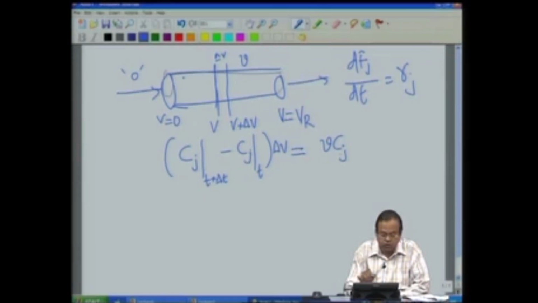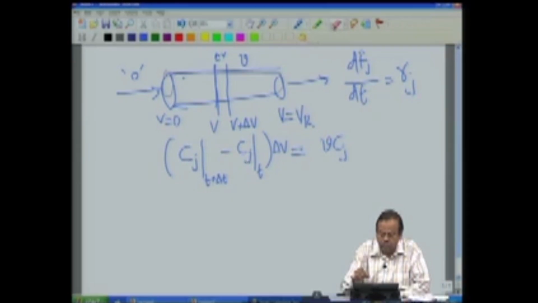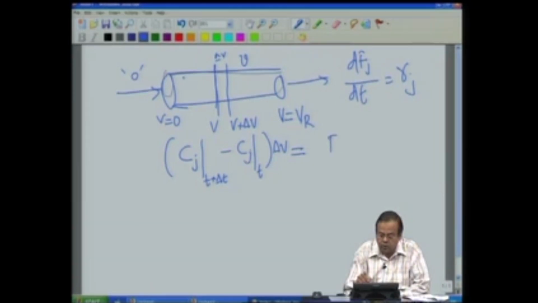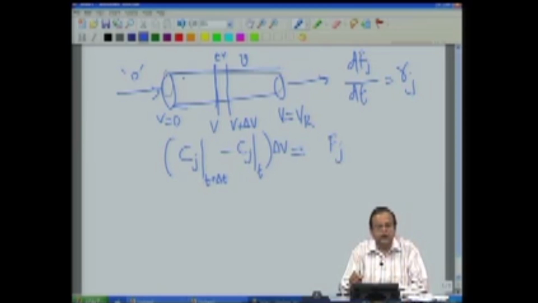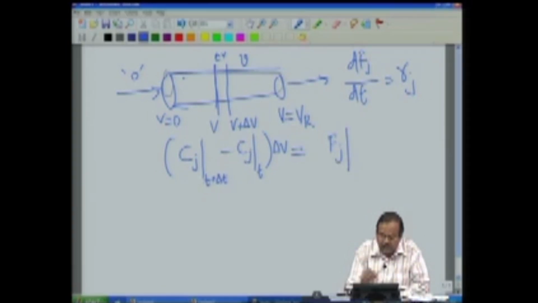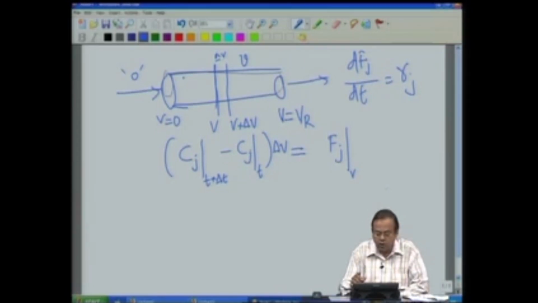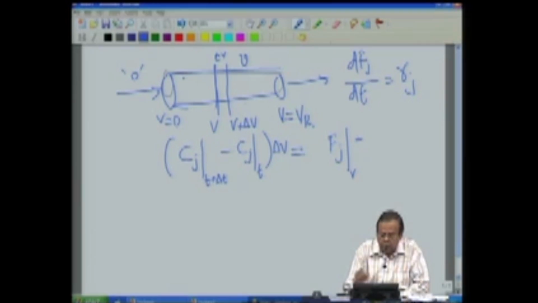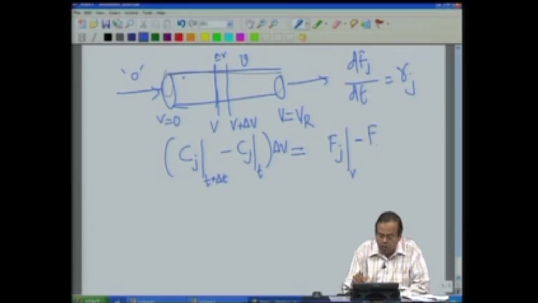Recall that v into Cj, or if you do not like v into Cj, let us keep it in terms of our earlier notation of Fj. That is the number of moles that are coming in at this particular volume, minus the flow rate that is going out.